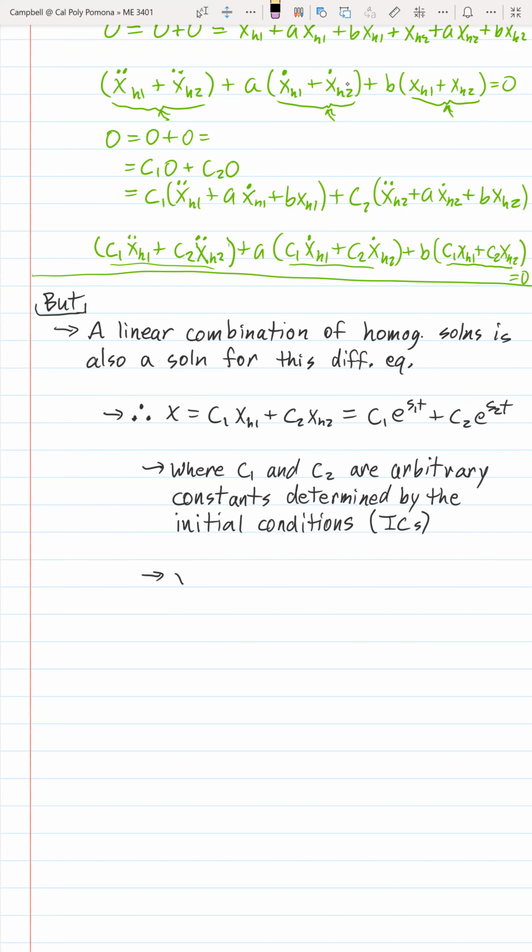So when we're looking at this, we can now see that we have the most general solution to the differential equation. Because if I wanted each homogeneous solution individually, I would just go ahead and set one of the constants to 0 and the other one to 1.